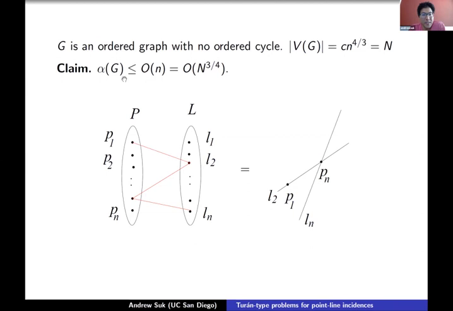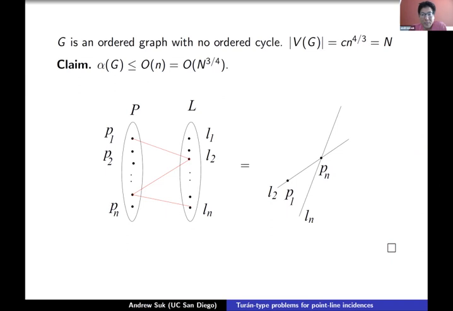And so this shows that the independence number is on the order of little n, which means that it's on the order of big N to the 3/4. And so that's the construction. Any questions so far?